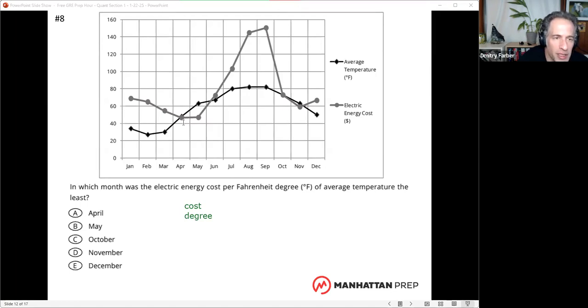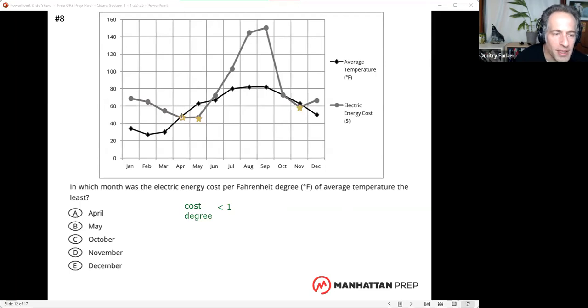So our only possibilities then will be those, right? If some of them have the numerator bigger than the denominator, those are by definition going to be smaller than the ones where the numerator is less than the denominator. So I want cost over degree to be less than one, since some of them it is. And I'm going to look for one where it's the most like that.